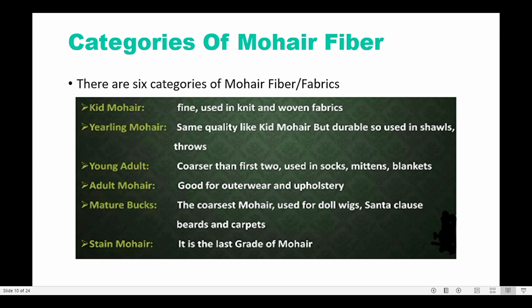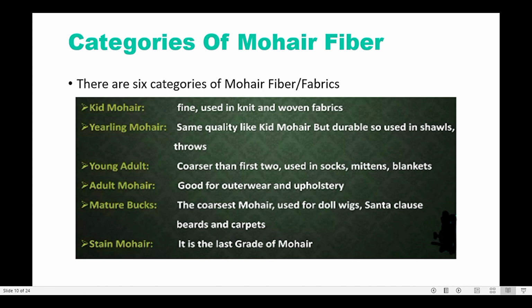Third is young adult mohair, coarser than the first two categories, used in socks, mittens, and blankets. Fourth is adult mohair, good for outerwear and upholstery.